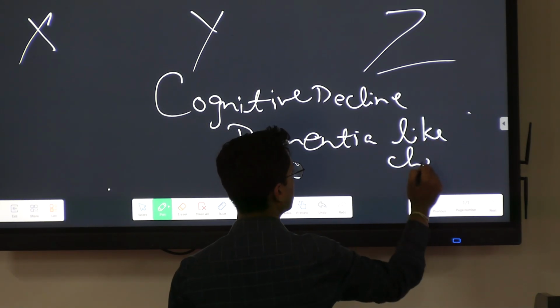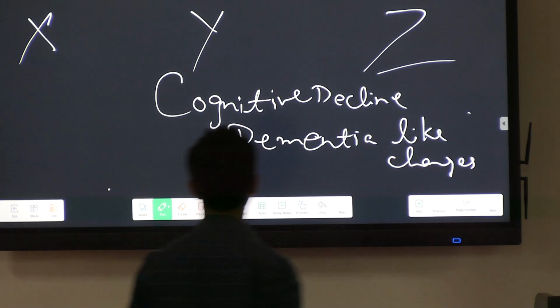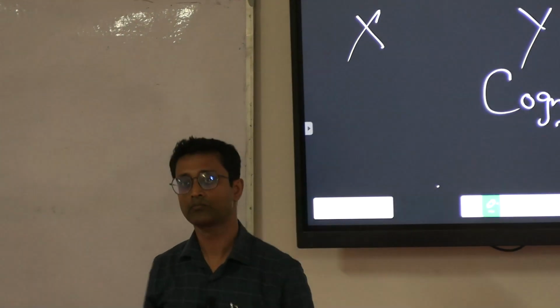Dementia-like changes. Any idea what you understand by cognition?